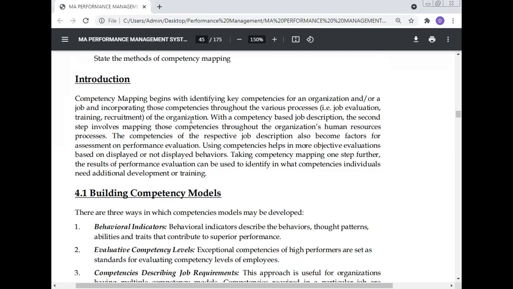Using competency helps in more objective evaluation based on displayed or not displayed behavior. Taking competency mapping one step further, the results of the performance evaluation can be used to identify in what competency an individual needs additional development or training.